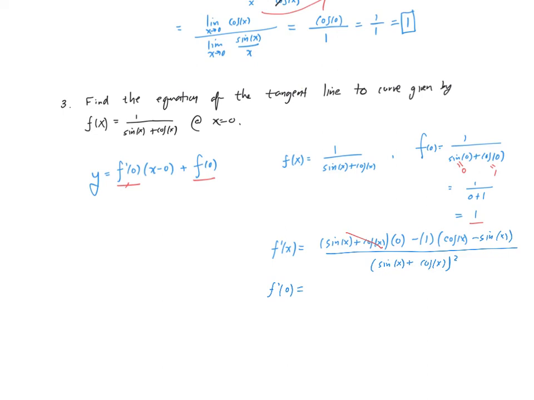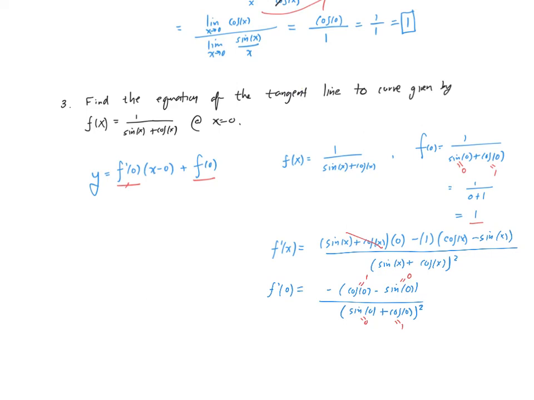So when x is equal to 0, we have in the top minus the quantity cosine 0 minus sine of 0. And in the bottom we have sine of 0 plus cosine of 0 quantity squared. And remember, cosine of 0 is equal to 1, and sine of 0 is equal to 0.